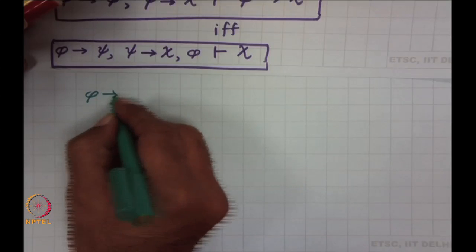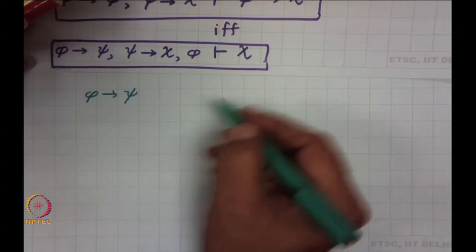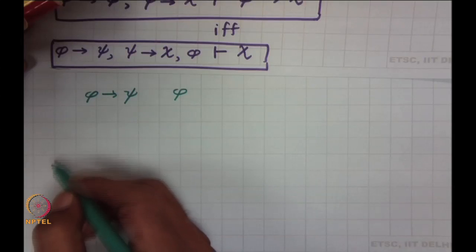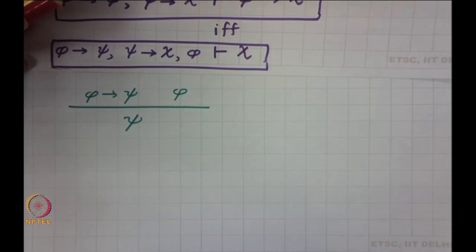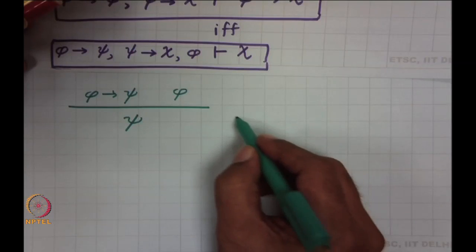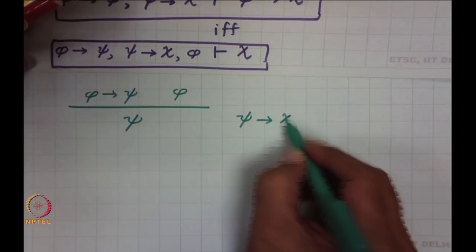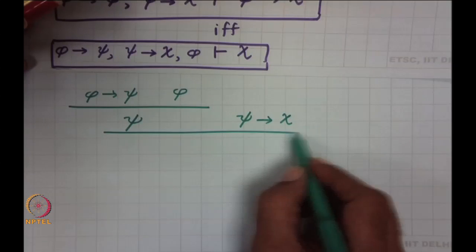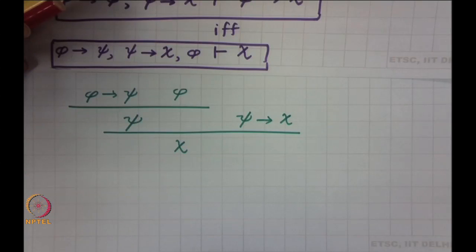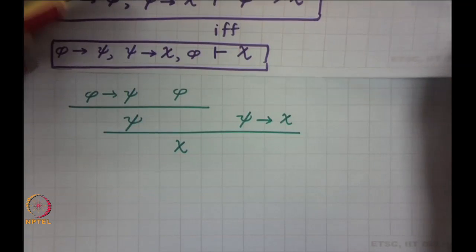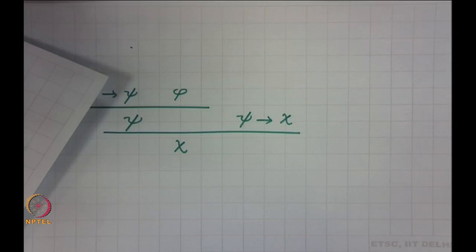I have this as a leaf node, I have this as another leaf node from which I can infer psi, and then I have this as a leaf node, and I already have this from which I can infer chi, and that is a 3-step proof, right. Okay. So the deduction theorem will considerably simplify a large number of proofs.